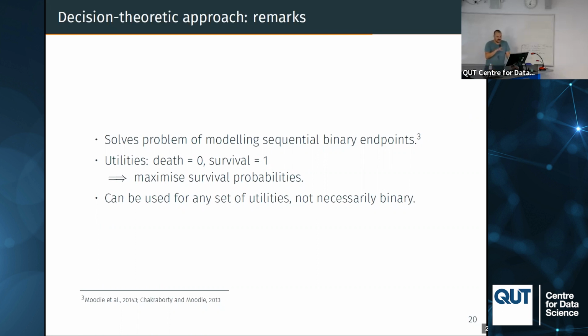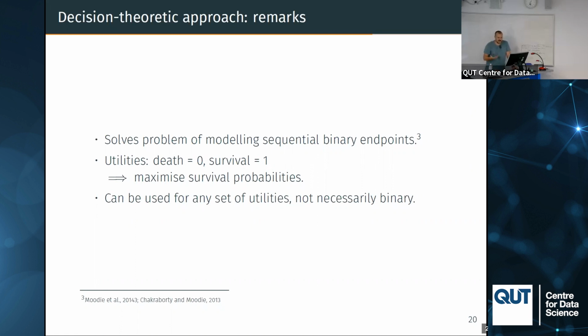And it's nice because it works. Here we just assign this binary utility to death, survival, COVID, no COVID. And it has a similar sort of interpretation using this utility function when we're coming up with these optimal decision rules. They're just seeking to maximize survival probabilities, really.